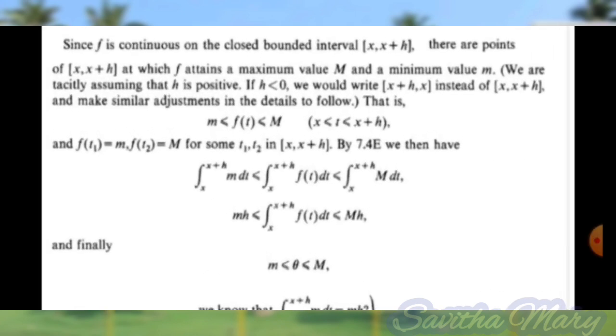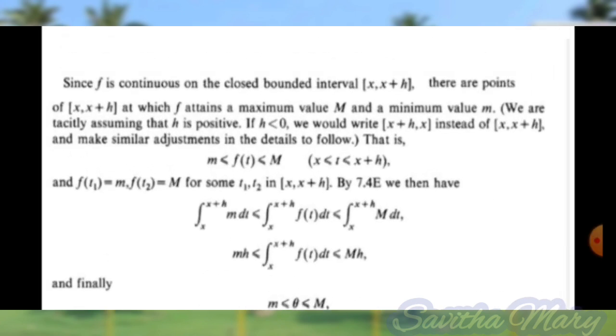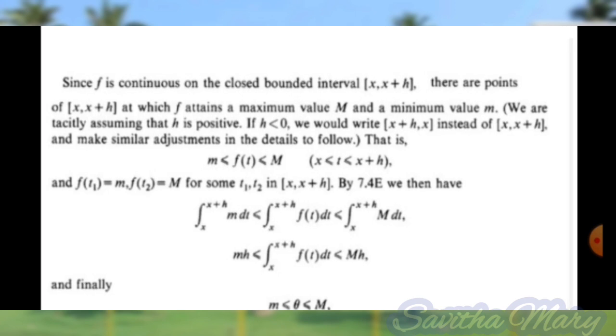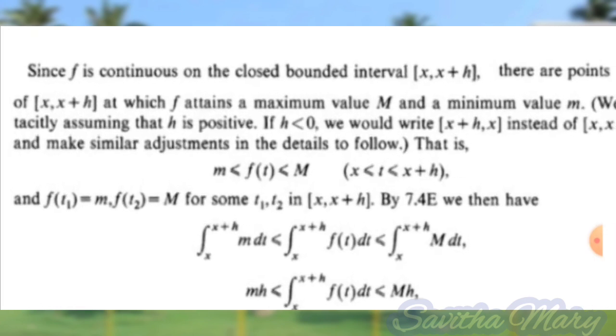And by the given assumption, f is continuous on the closed bounded interval [a, b]. Likewise, the values x and x+h are also taken from the same interval [a, b]. So f is also continuous on the interval [x, x+h], and there are points which attain a maximum value and a minimum value in the interval [x, x+h].